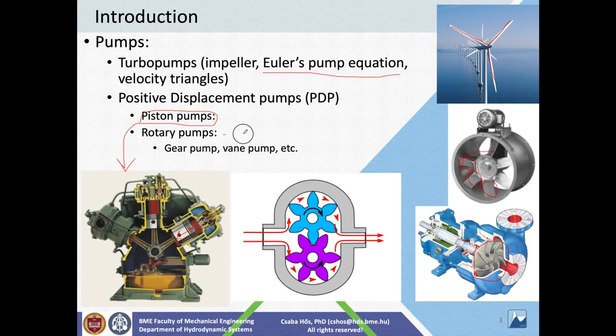And the other one is the rotary pumps. One example is the gear pump, in which you have a gear which is rotating, and then the fluid that is entrapped in this area is simply pushed from the suction side to the pressure side. So today we are going to deal with these pumps.